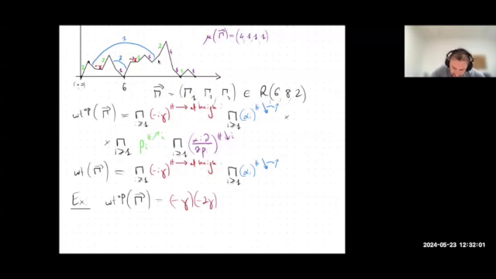This is the first factor. Then the second factor would be 2 alpha times alpha. Then the third factor is p_2 to the power 3 times p_1 squared.